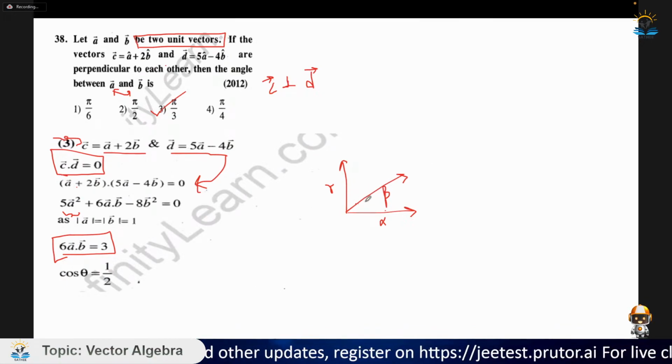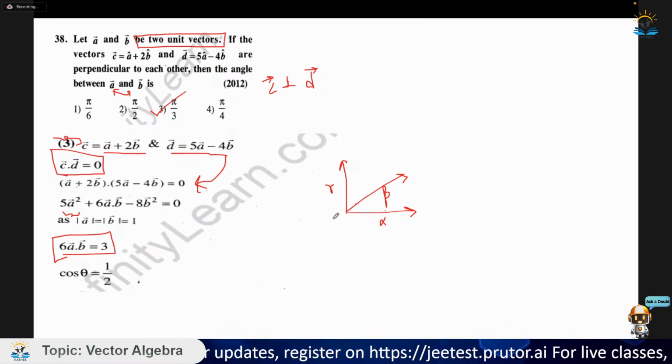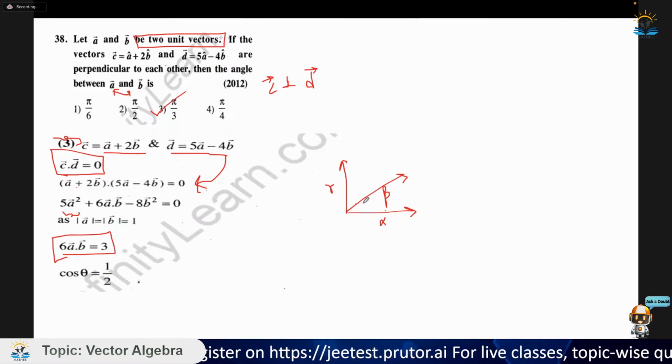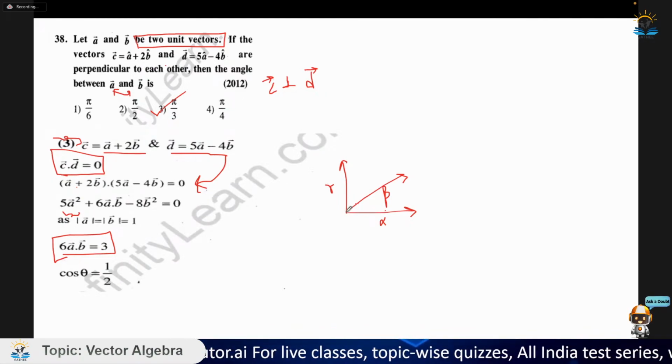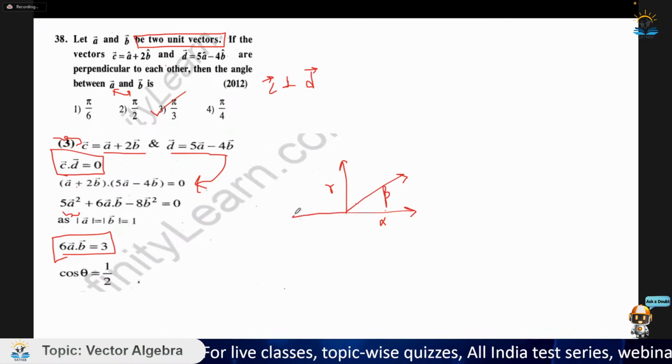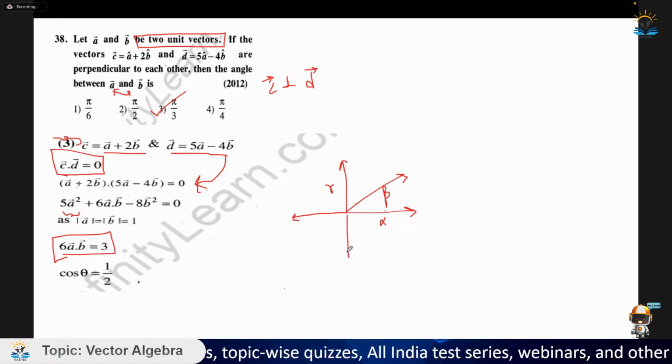So let's say these vectors are in a plane. We multiply this vector by minus something, and it becomes this, and this vector by minus something, so the length changes accordingly.